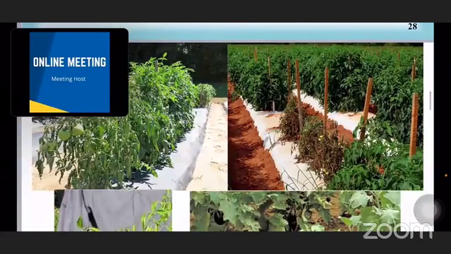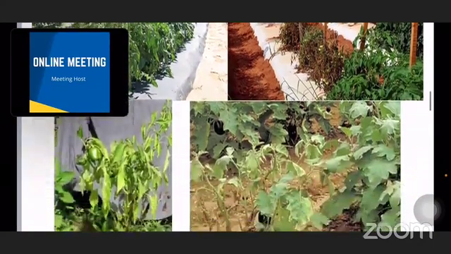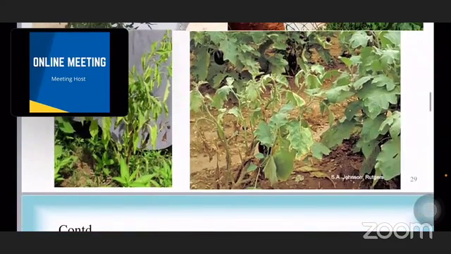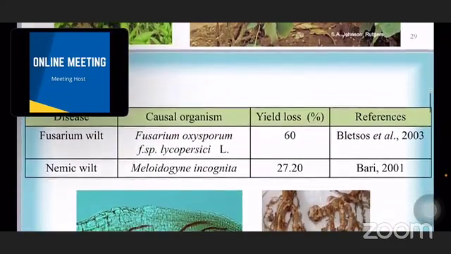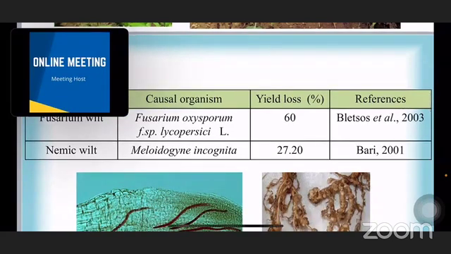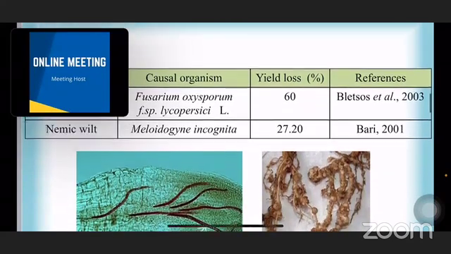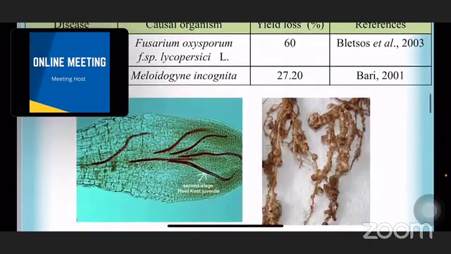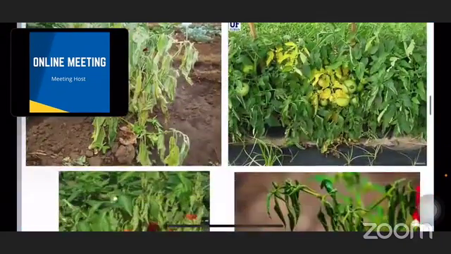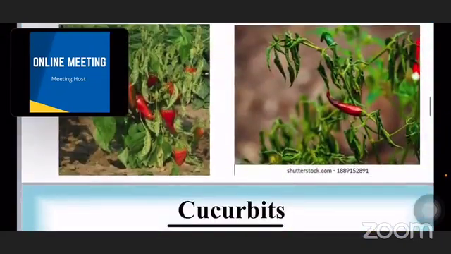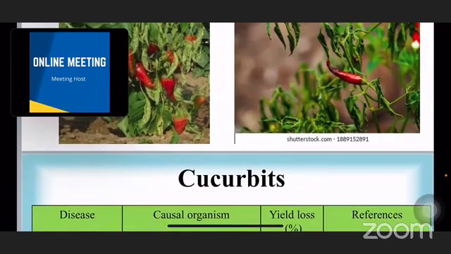See, the plants have completely died due to bacterial wilt in tomato, and in brinjal and chili also. Those major soil-borne pathogens cause 70 to 80%, and sometimes 100% yield loss, like Fusarium wilt and nematode. See that 60% loss from Fusarium wilt and 27% from nematode. See how the crop has been destroyed due to soil-borne pathogens.